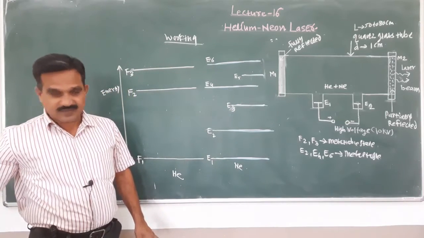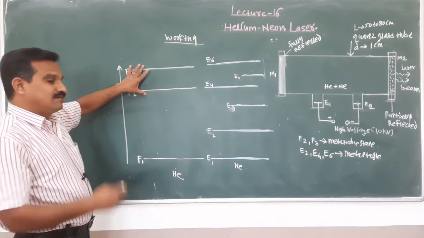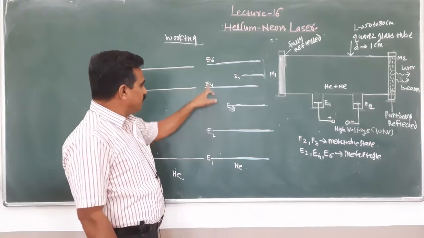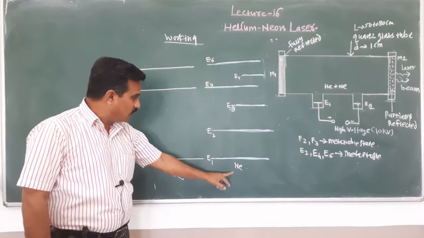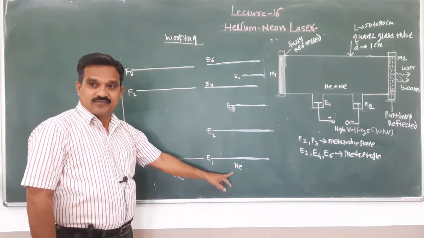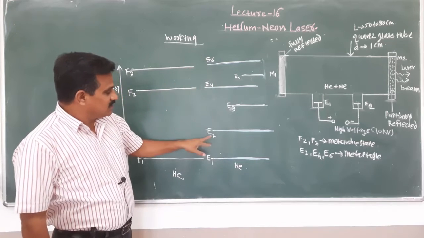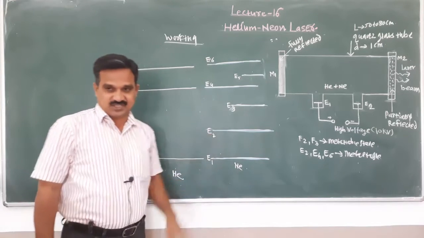Remember this. These two are excited states, no doubt, but these are metastable states. E2, E3, E4, E5, E6 are the excited states of neon atoms, and out of these, E2, E4 and E6 are metastable states.